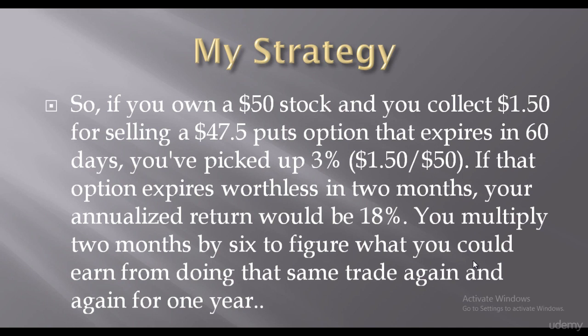You multiply 2 months by 6 to figure out what you could have earned by making the same trade again and again. Now, this example gives you a 3% return. But as per my personal experience, I've made 6 and 7% return only in 2 months.